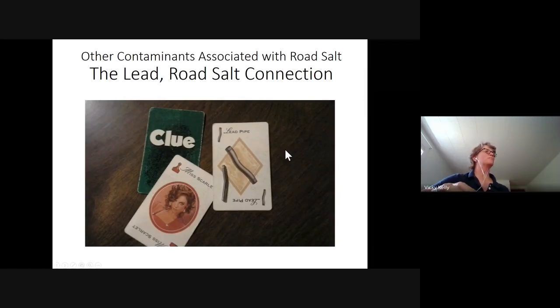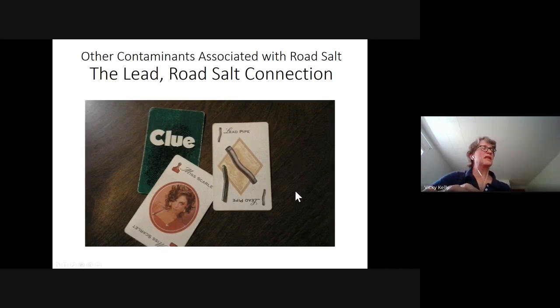Some of you probably have played the game Clue, and you may remember that one of the murder weapons in the game is a lead pipe. There was a time when houses had their drinking water flowing through lead pipes, because lead is flexible and they could bend it around corners.